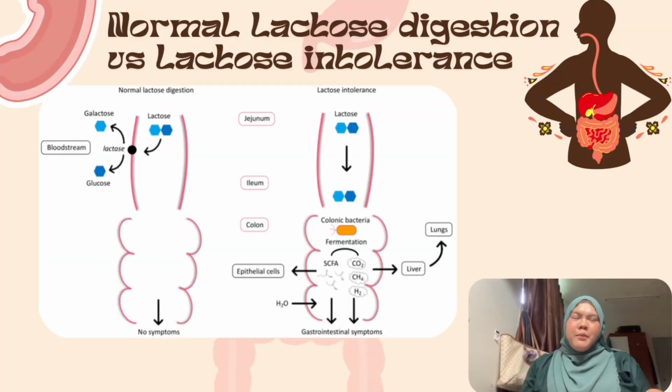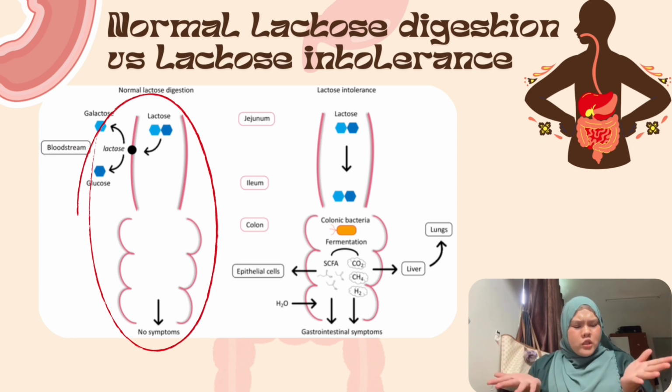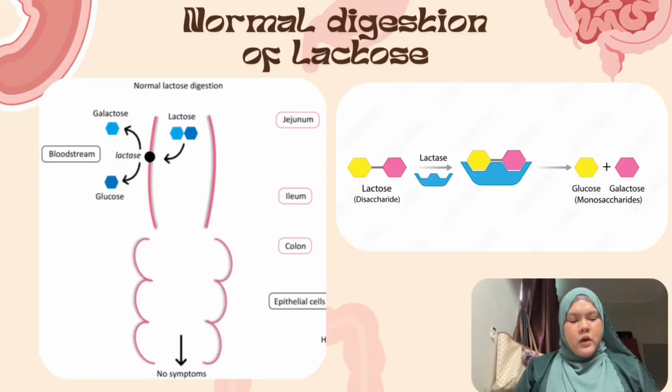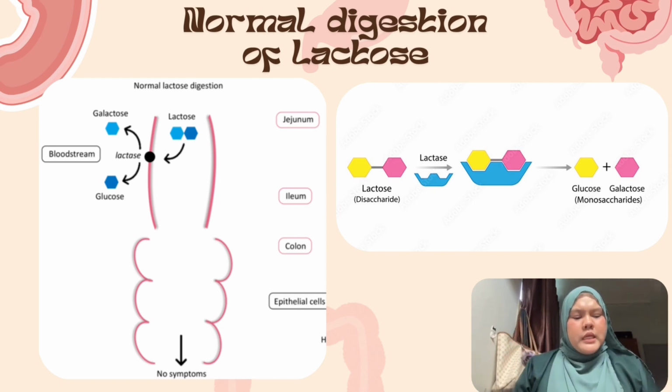Hi guys, I am Hayasana Mantroslani. Before we dive deep into this topic, I'm going to explain how normal digestion works in the small intestine. On this slide, I will explain the normal digestion of lactose. Lactose is a type of sugar that we usually get from dairy products such as milk, cheese, and also yogurt.